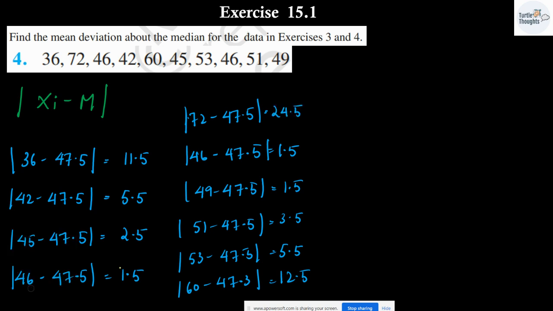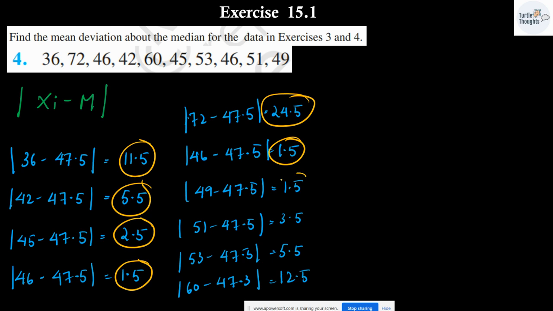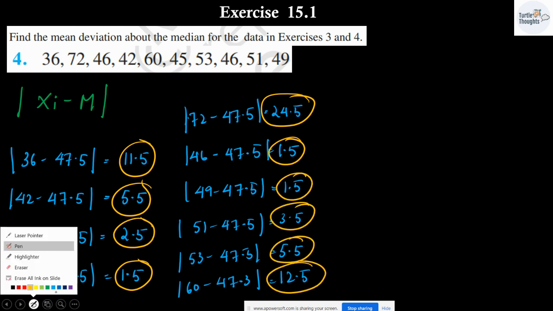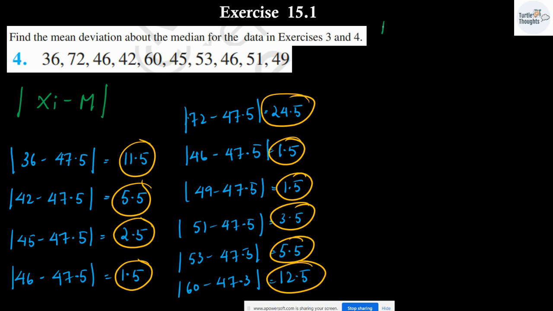Now you need to consider all these values, add all these values, take the mean of this value, you will be getting the answer for mean deviation. So let me write mean deviation is going to be the summation of 1 over n, the summation from i equal to 1 till n of the modulus of xi minus m.